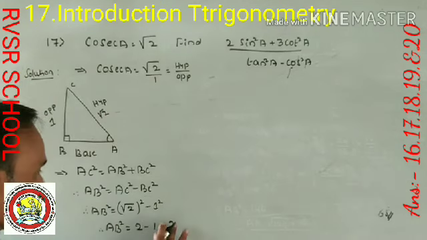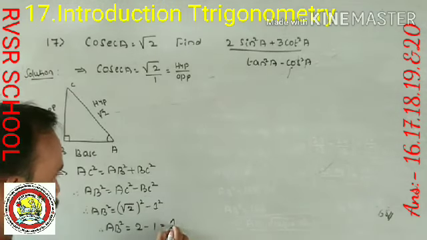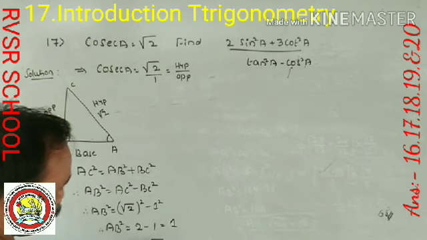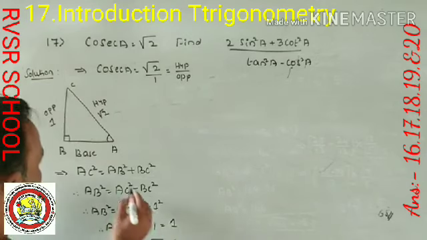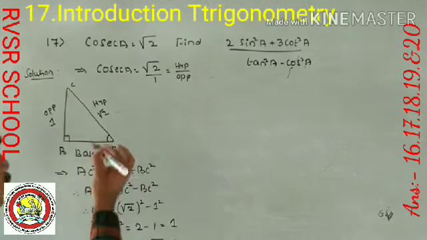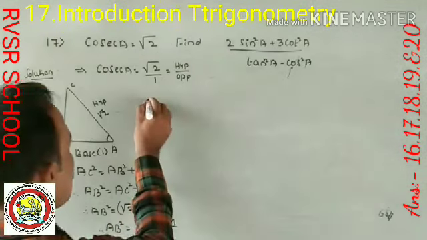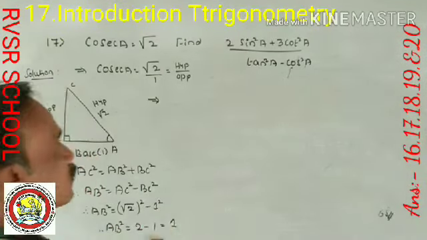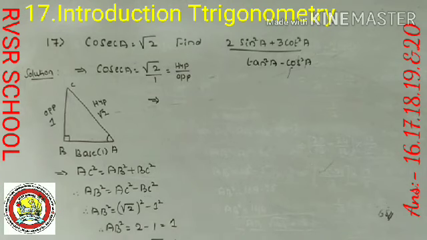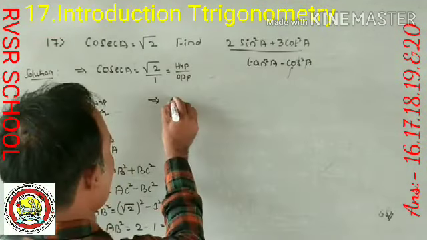AB is equal to the root of 1, which is 1. So the base is 1. Next, let's consider the given question and replace all the values. If you want, you can write it here one by one, no problem.